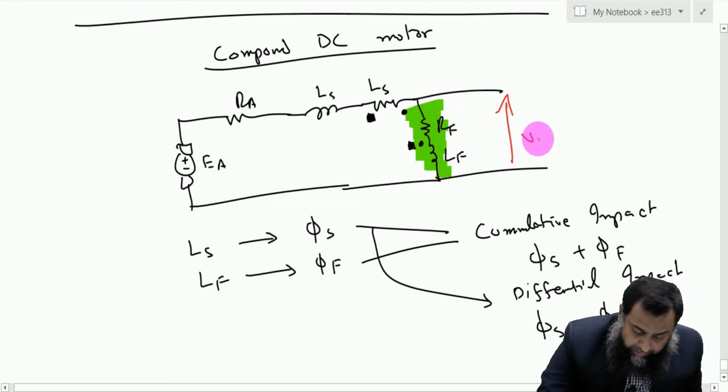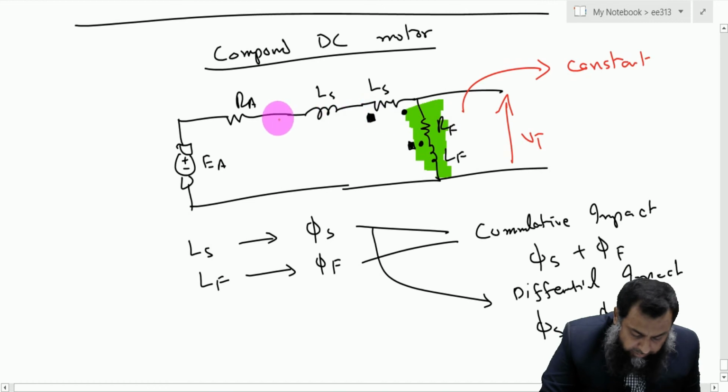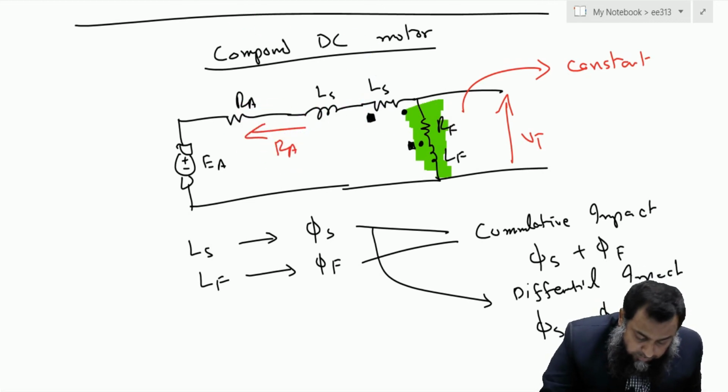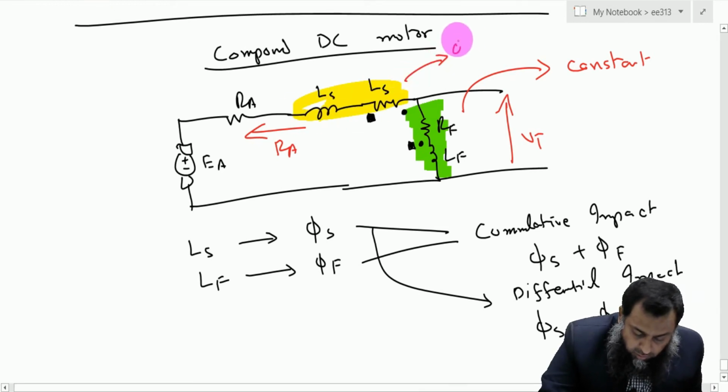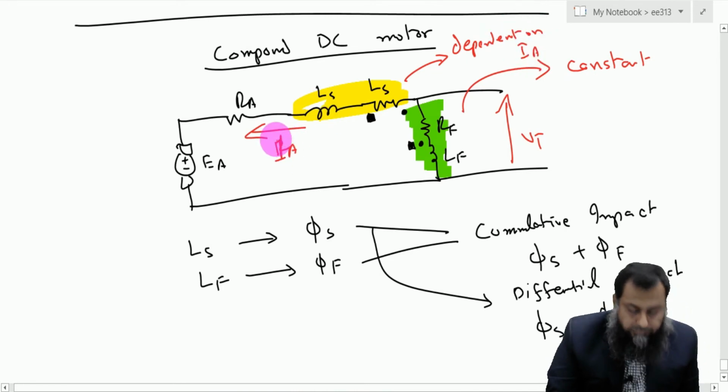Also, if you notice here, this Lf is connected with this Vt, and therefore this is a constant source of flux. It is constant regardless of the loading condition of this motor. However, the flux produced because of this Ls is dependent on the armature current Ia flowing here.